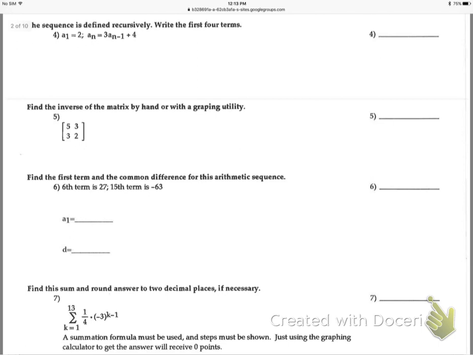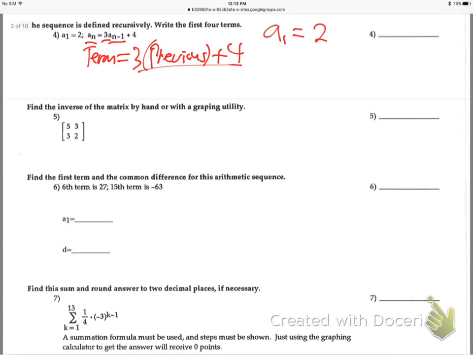So, what is this thing saying? It's saying any term, a sub n, is 3 times the previous, add 4. Do you realize that's what that's saying? A sub n minus 1 means previous. N minus 1 is 1 back. If you think that way, I think you'll snap it out real easy. The first term is 2, they've already given us that.